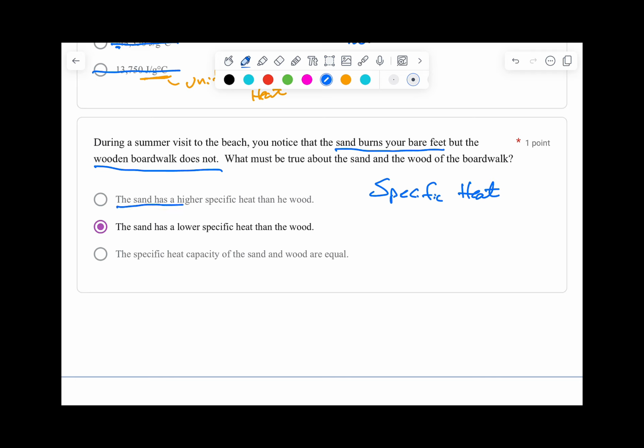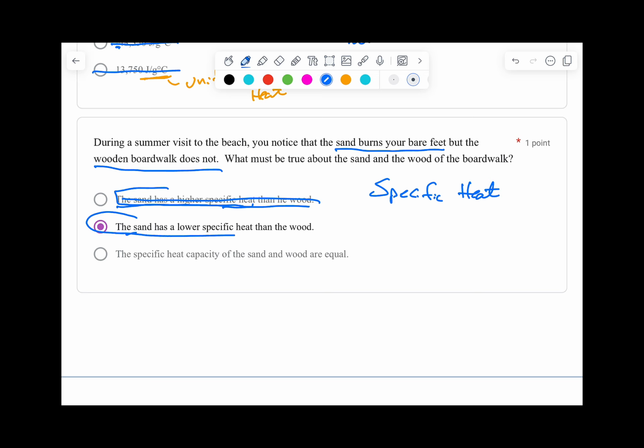The first option says the sand has a higher specific heat than the wood. That's not true, because the sand is really hot and the wood isn't. That means the sand has a lower specific heat, so that can't be true. This one says the sand has a lower specific heat than the wood.